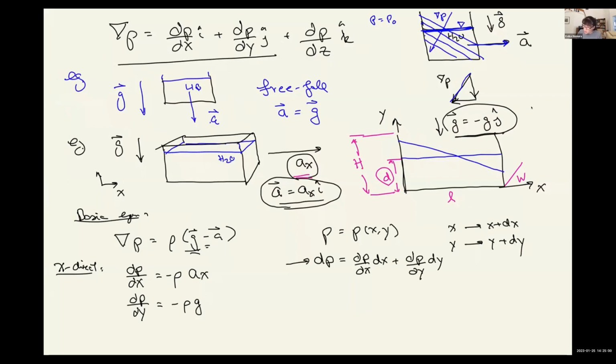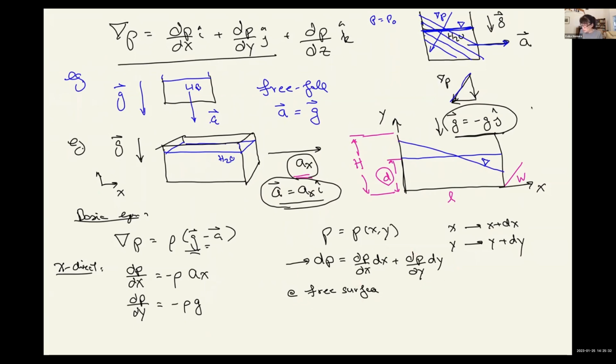And in particular, if we consider the free surface, when we have our body of fluid with both the gravity and the acceleration imposed, then the free surface is going to be this. And along the free surface, we can apply this equation.